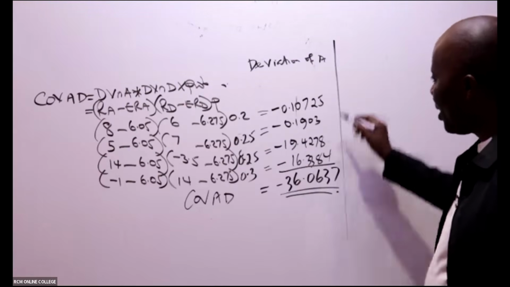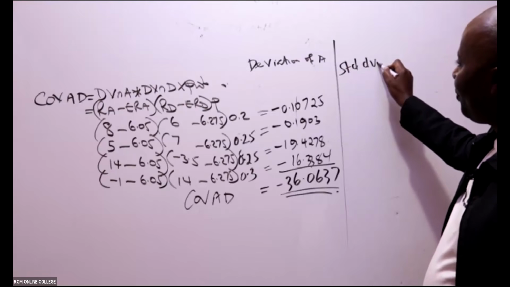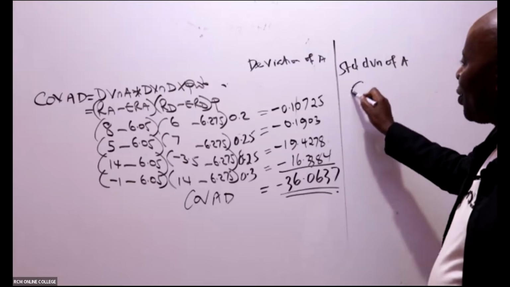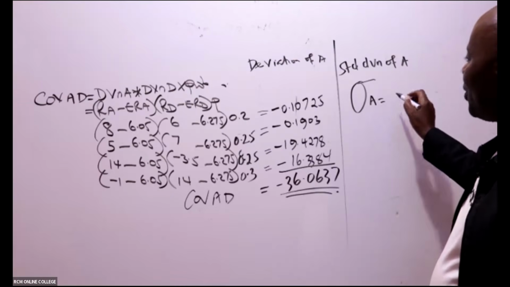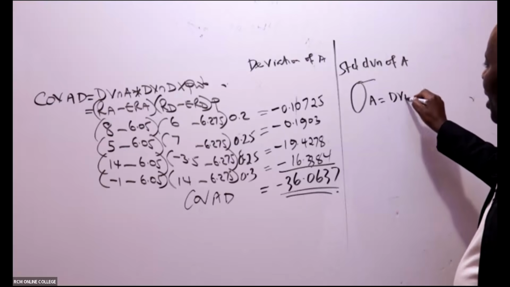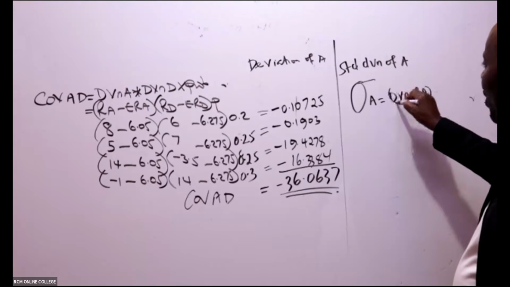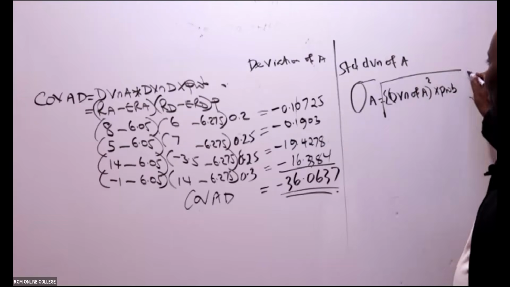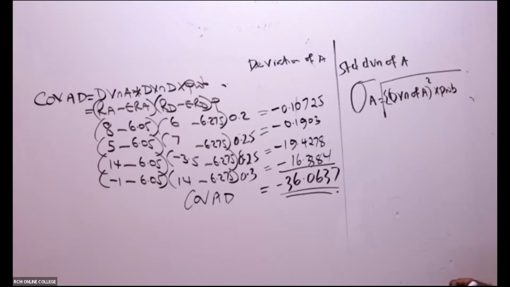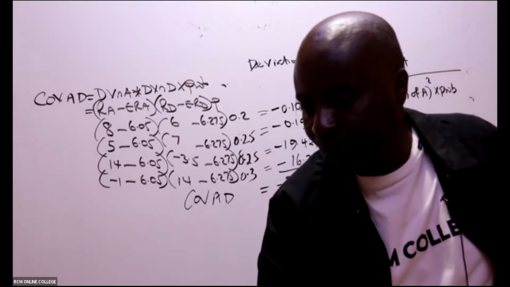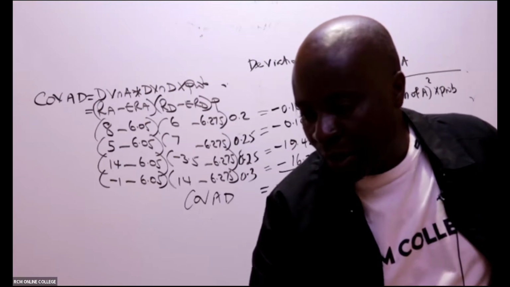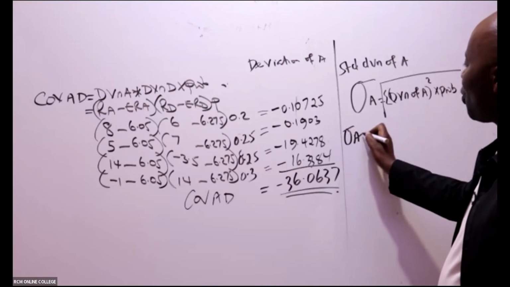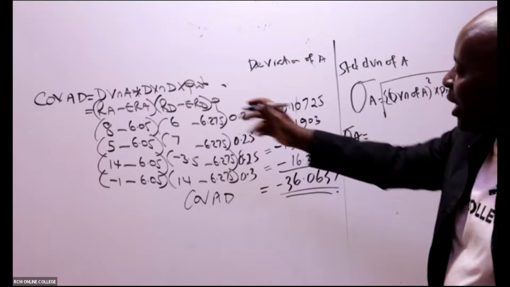So come and give me the standard deviation of A. Let's start with A. So the standard deviation of A will be the deviation of A squared times probability, you sum, then take the square root. Already we have the deviation of A there.